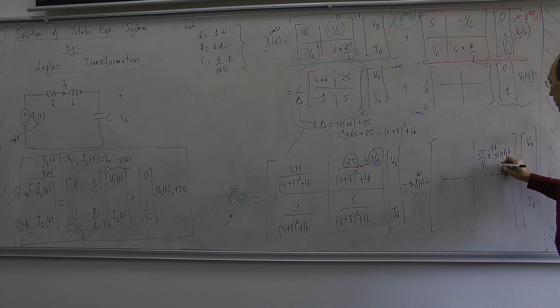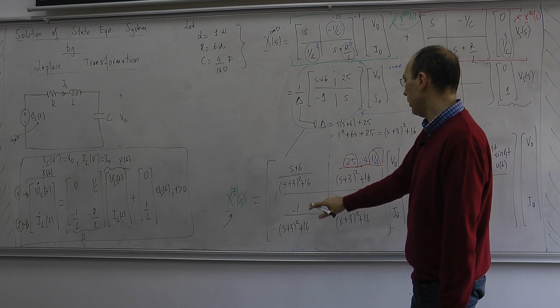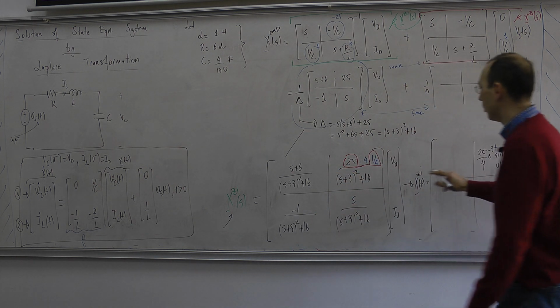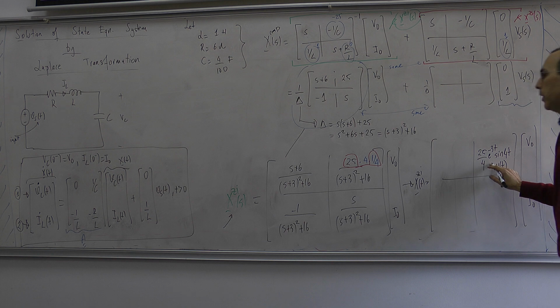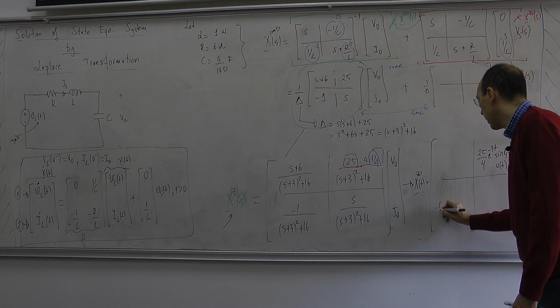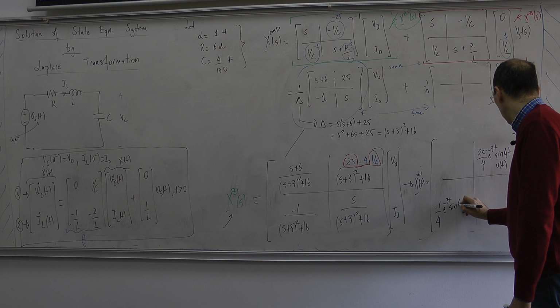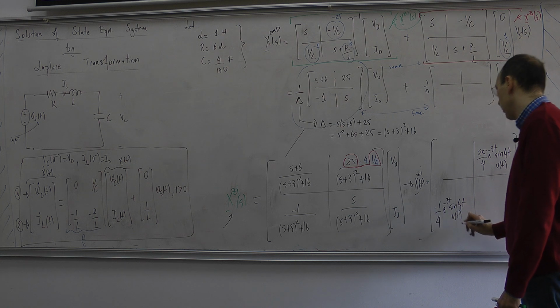Let's not forget u(t), there is u(t) present over there. Okay. Very good. So how about this one? This is almost the same by linearity. I need to divide this by minus 25 and I will get this, whatever I get. So this is minus 1 over 4 e to the minus 3t sine 4t u(t).